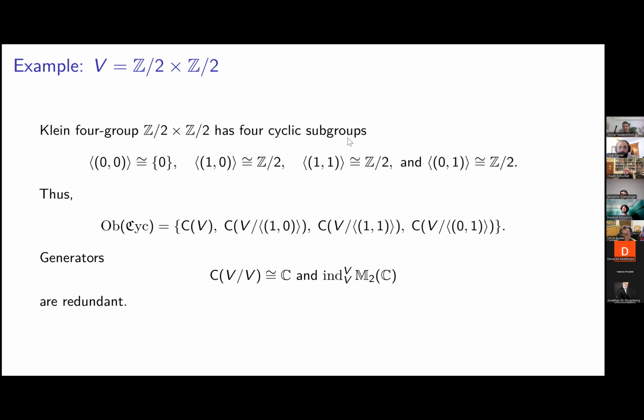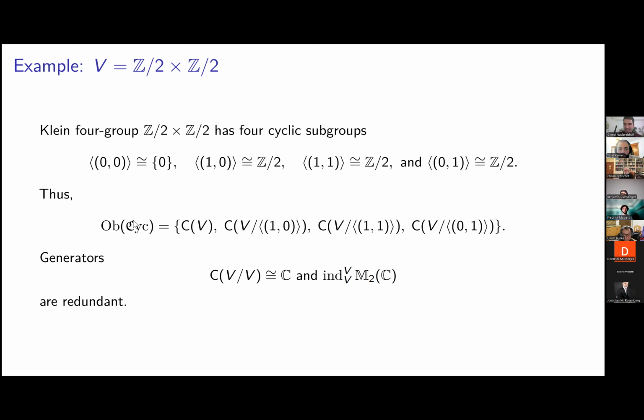It has 5 subgroups in total, and 4 of them are cyclic: the trivial one generated by (0,0), then the Z mod 2 subgroups generated by (1,0), (1,1), and (0,1). And then the fifth group is V itself. This is called V, by the way, for Vierergruppe, the Klein 4 group. But V itself is not cyclic, so we do not have to include it.